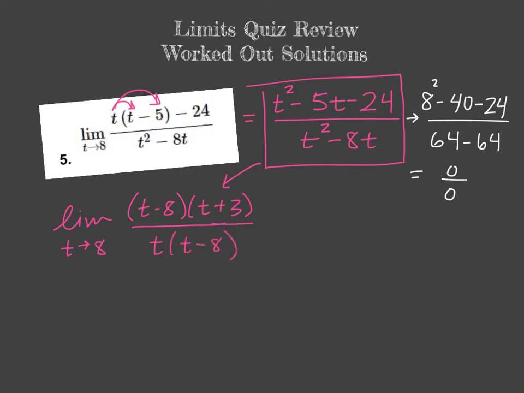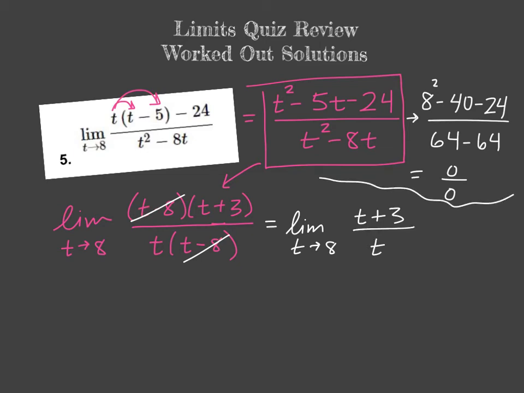Okay, then the t minus 8 factors can cancel top to bottom, they're 1. So we're left with the limit as t approaches 8 of t plus 3 all over t. And when we plug in 8, using direct substitution, we'll have 11 over 8.